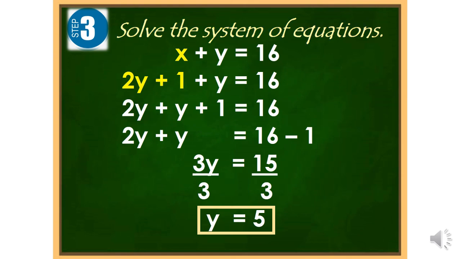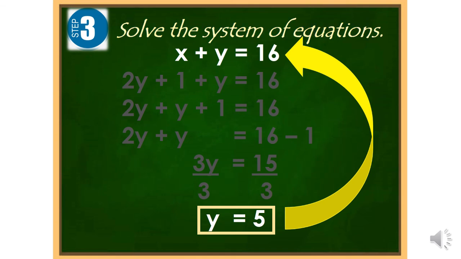Our 5-minute break is over. So let's continue solving for the value of x. In our previous discussion, we solved the value of y, which is 5. In finding the value of x, we have to substitute the value of y to our equation x plus y equals 16.